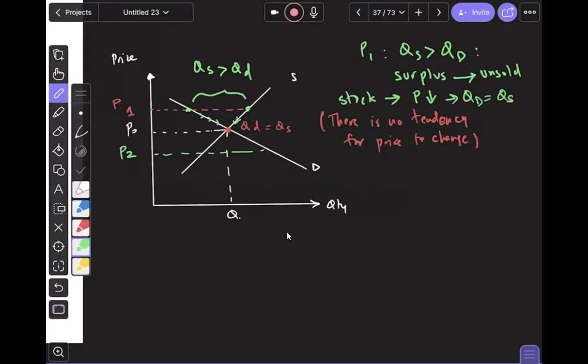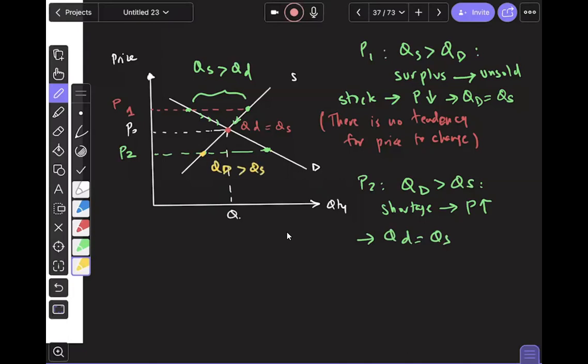Similarly, if you are at P2, the price is too low as QD is greater than QS, which means there is a shortage. When QD is greater than QS, the price has to go up in order for QD to become equal to QS. Why will price need to go up? Because right now QD is more than QS, which means people want to buy the good, but the good is not there.